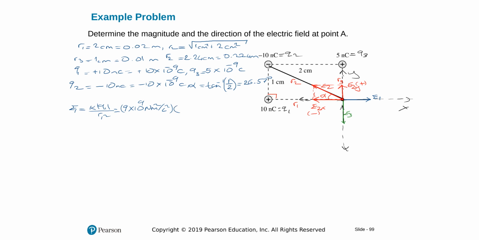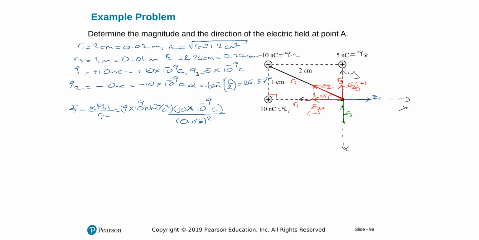Q1 is this charge here, 10 nanocoulomb. We put the Coulomb value, 10 times 10 to the minus 9 coulomb, divided by R1 squared, 2 centimeters, 0.02 meters squared. The result will be in Newton per coulomb.